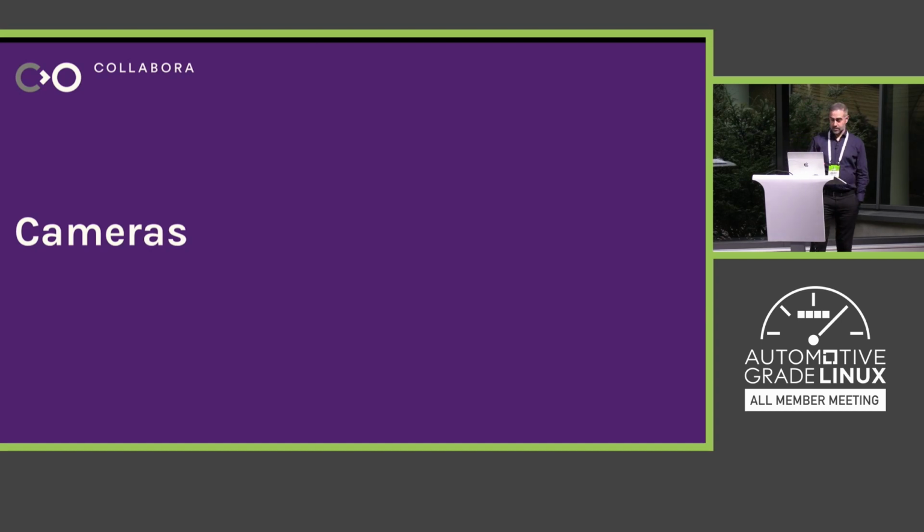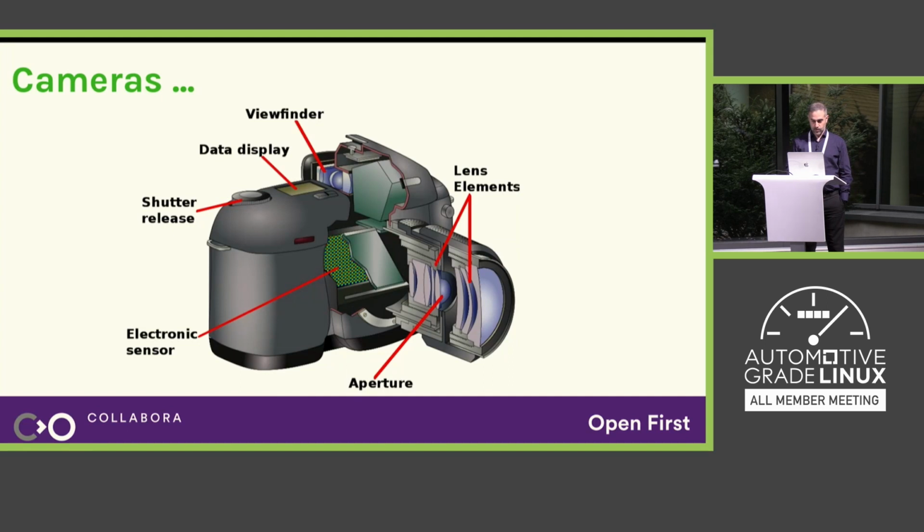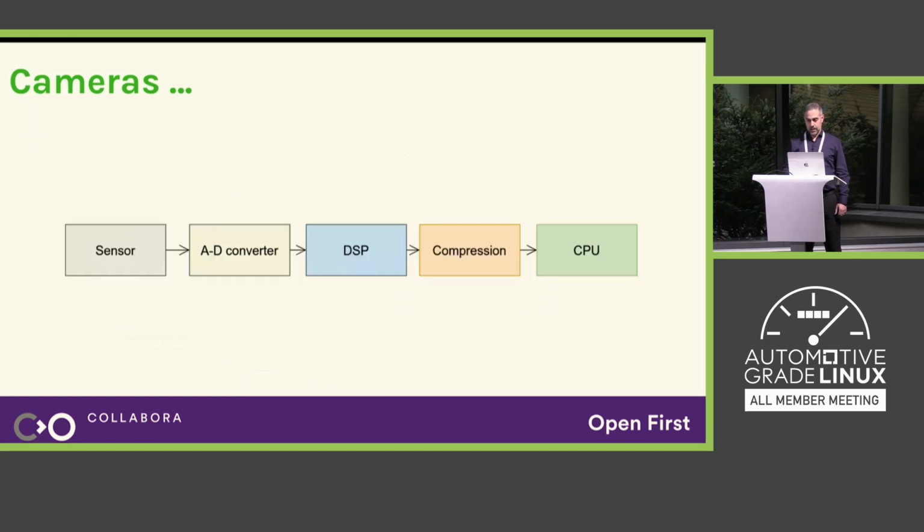Let's talk about cameras to start with. So you all know what cameras are. Fascinating devices. They capture some light, they take it through a lens, they channel that light to a sensor, and that sensor turns the light into electrical signals. And then that has to be converted to some digital format and processed, because the light that comes in the lens is not actually what we see in the picture when we take a photo.